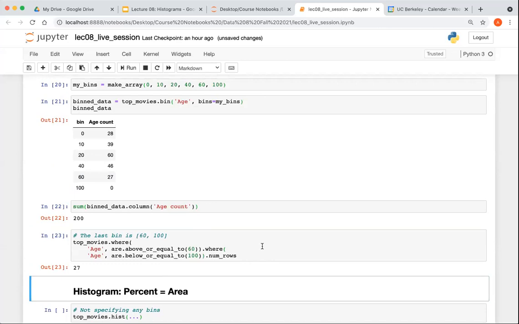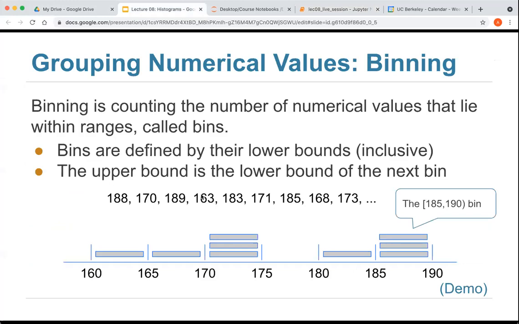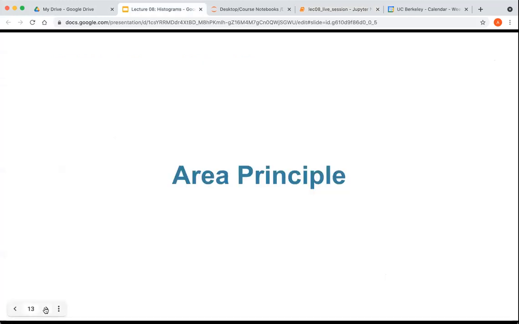Okay, so what we're going to do now, after this discussion about binning, is use a visualization method that uses bins, this binning routine inside it with the same conventions. But before we do that, we have to think about how the eye perceives bars.